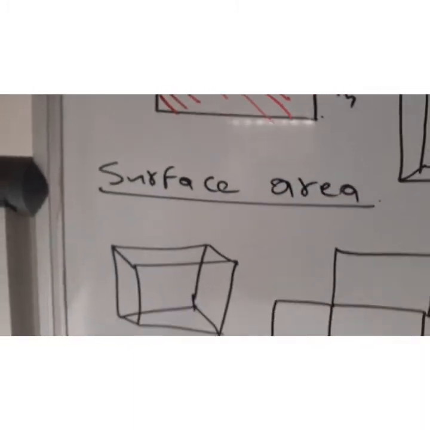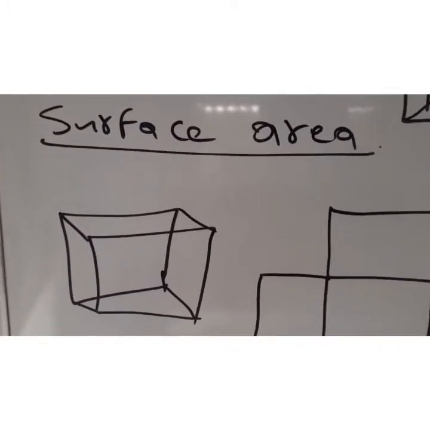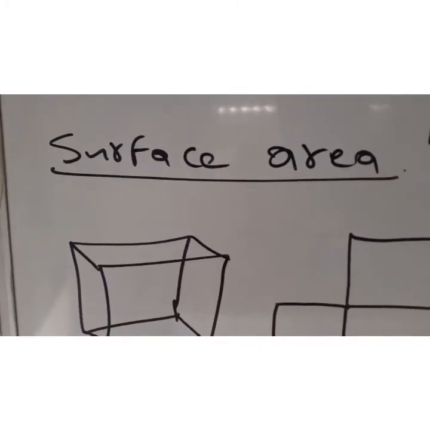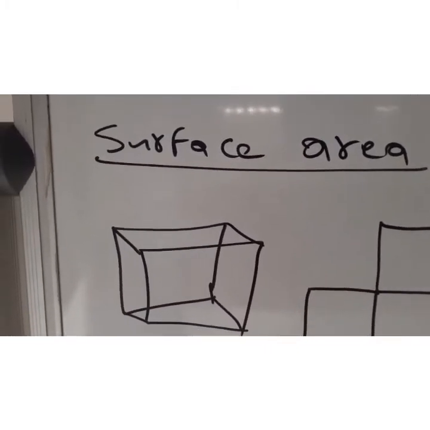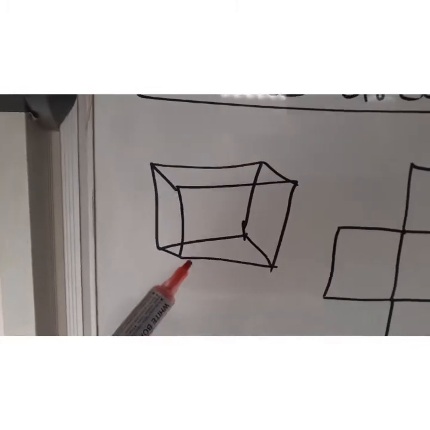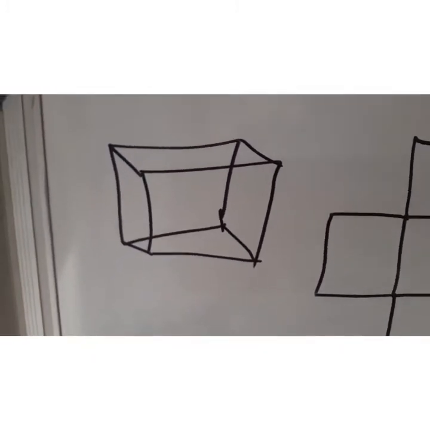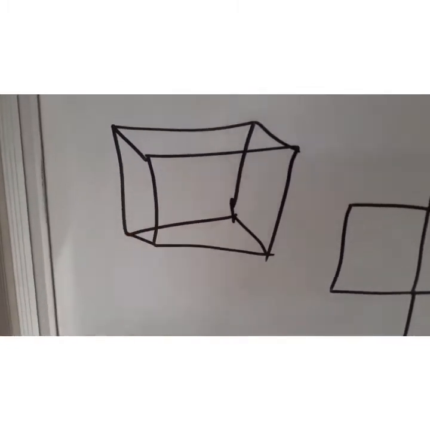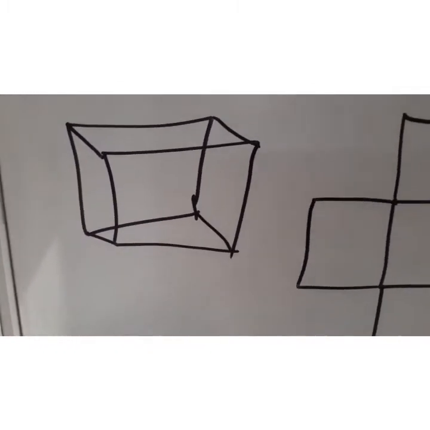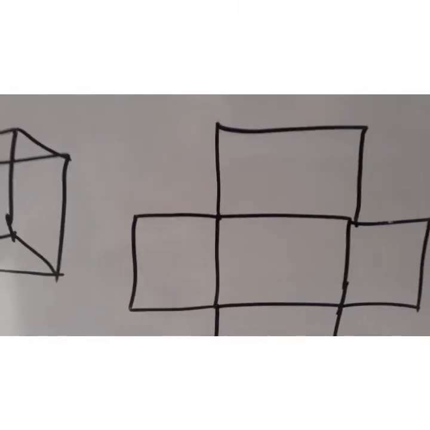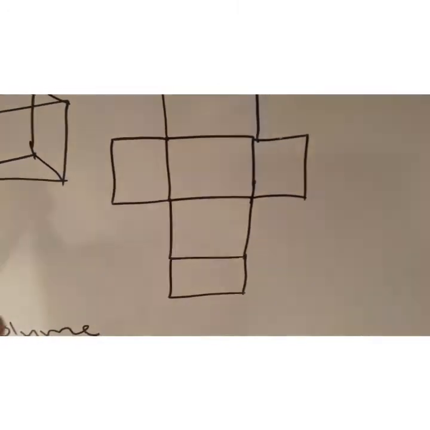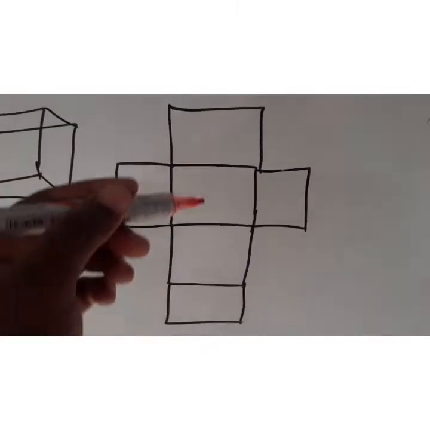Okay, and then we also have what we call the surface area. The surface area is calculated for 3D objects, as you've seen in the previous lesson. In order to calculate the surface area, you have to open the box up and make it a net diagram.